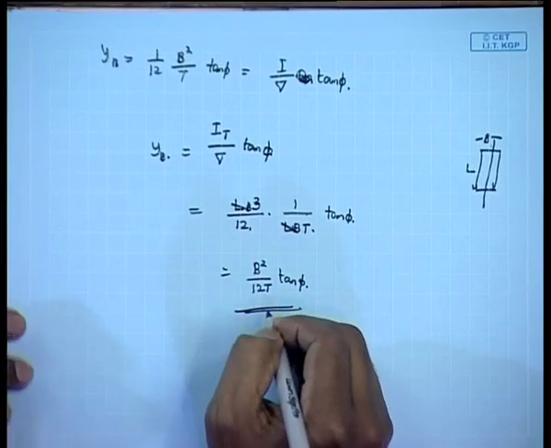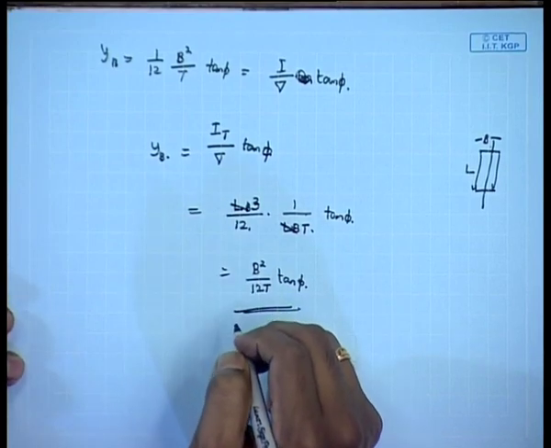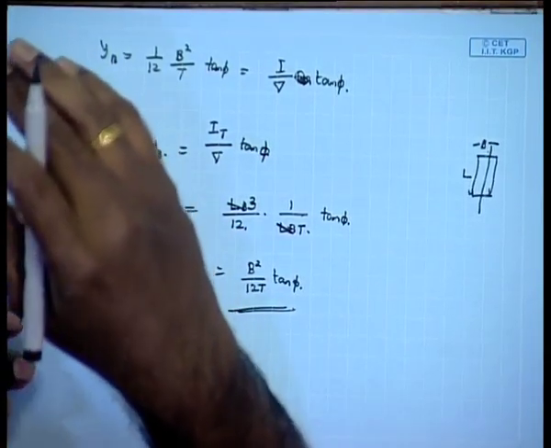So, this is what we got in the previous expression also. By the more complicated procedure of finding out the centroid and solving it, or we can just use this expression Yb is equal to I by del tan phi, and we can get the same expression very quickly.